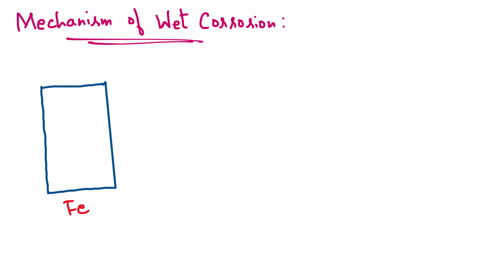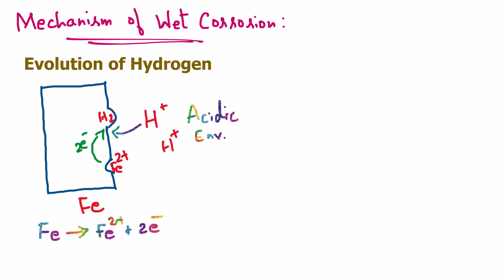Mechanism of wet corrosion. Consider the metal iron. The anodic reaction is oxidation. So iron forms Fe2+ and releases the electron. Here the cathodic reaction can be of two types depending upon the two different environments. First, consider the acidic environment.